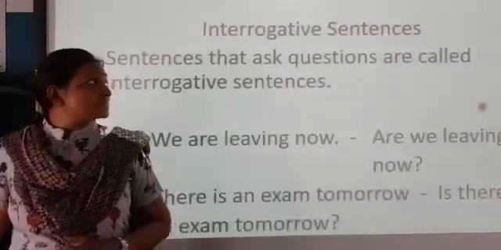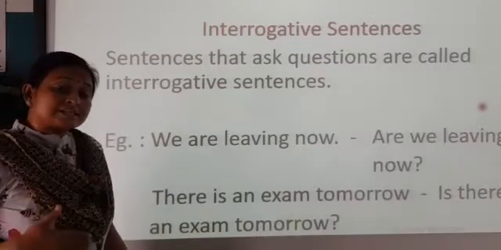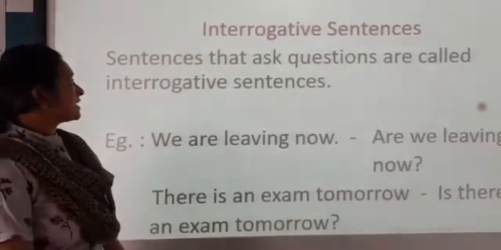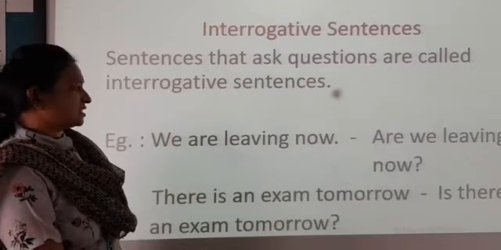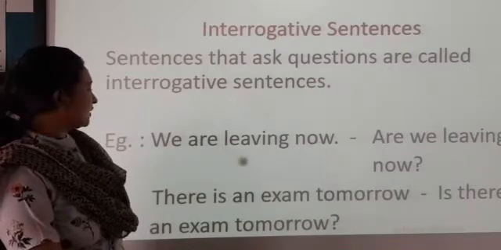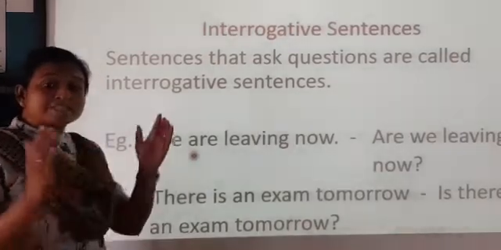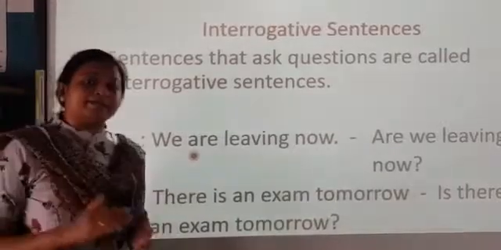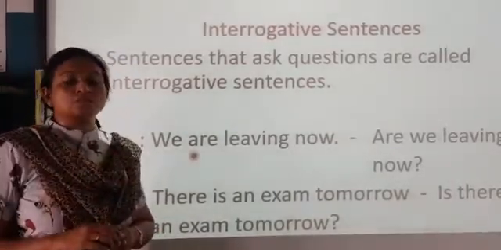The second is interrogative sentences. Interrogative sentences means when we ask any question. So sentences that ask questions are called interrogative sentences. For example, we are leaving now. Whenever you have a simple sentence and you want to make an interrogative out of that, the first thing you have to look for is the verb.